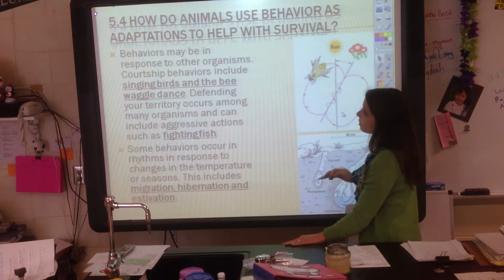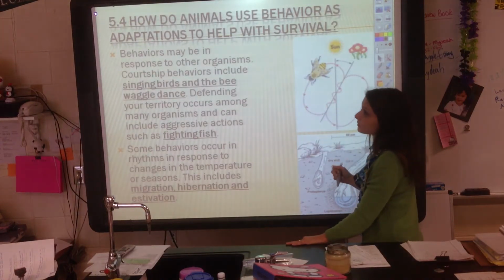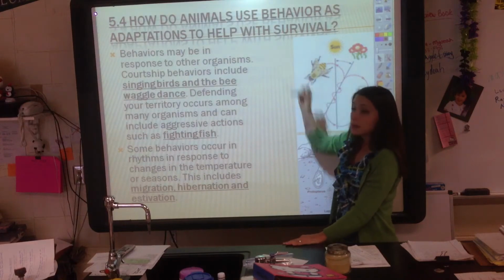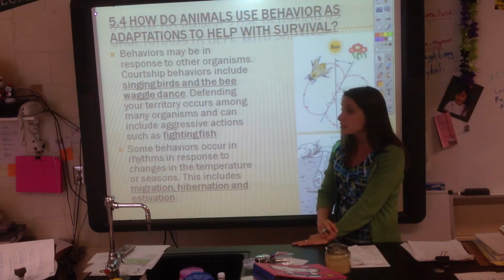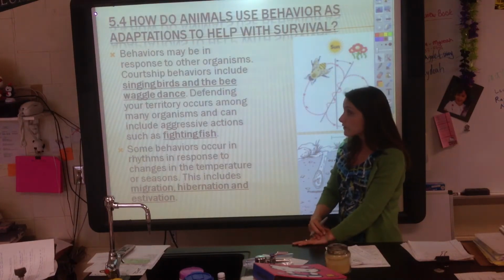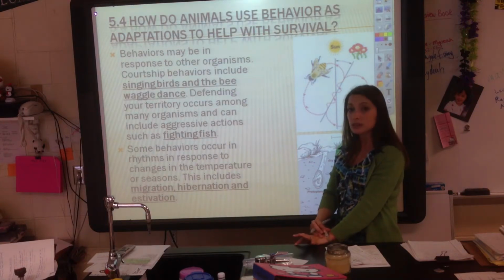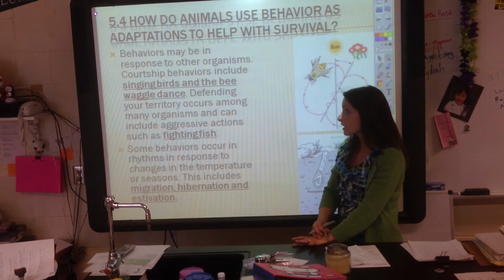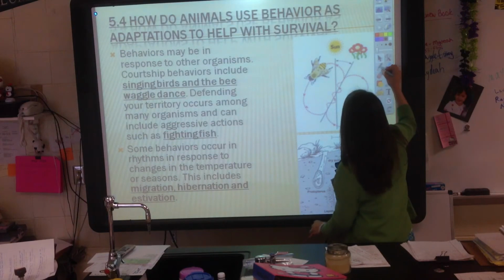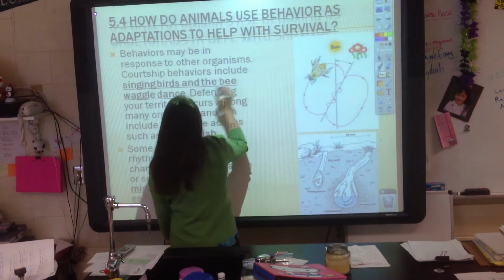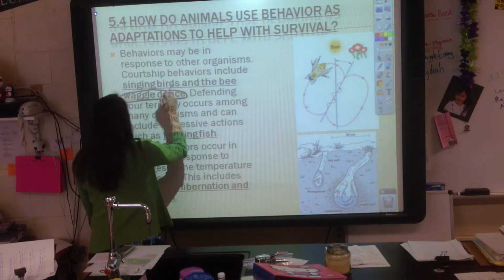Then we have some more complex behaviors. Behaviors may be in response to other organisms. Courtship behaviors include singing birds and the bee waggle dance. The bee waggle dance can also be used to find food.